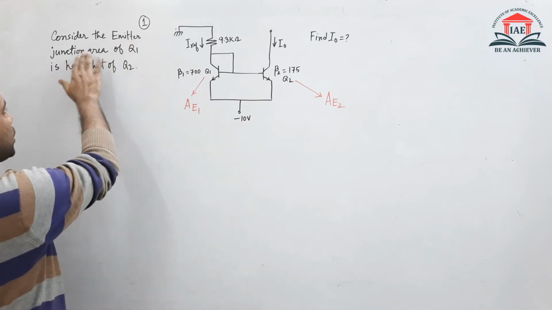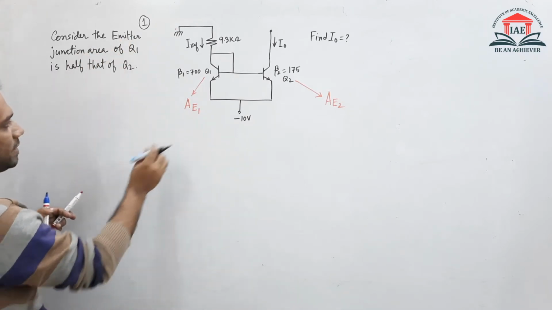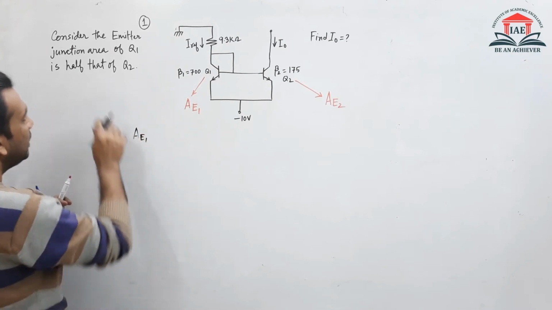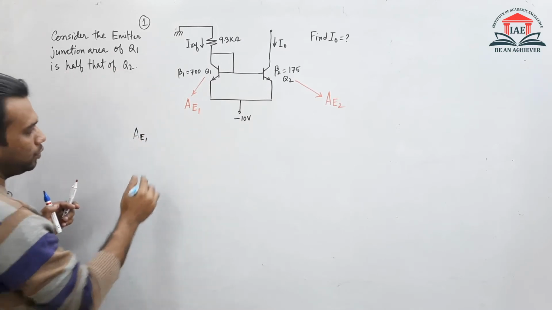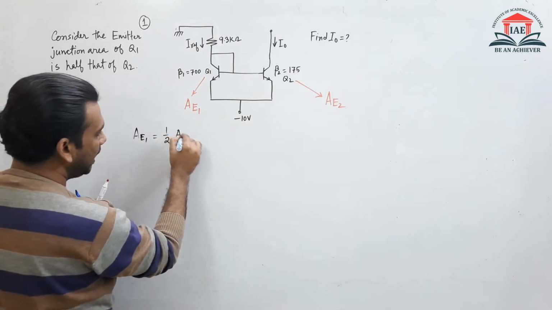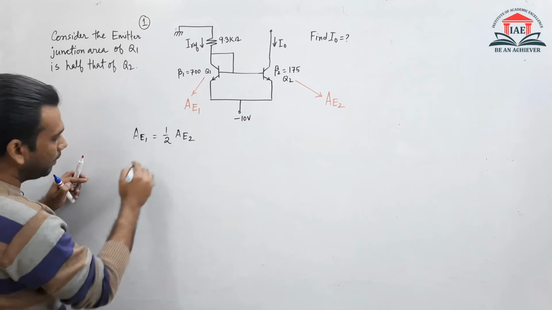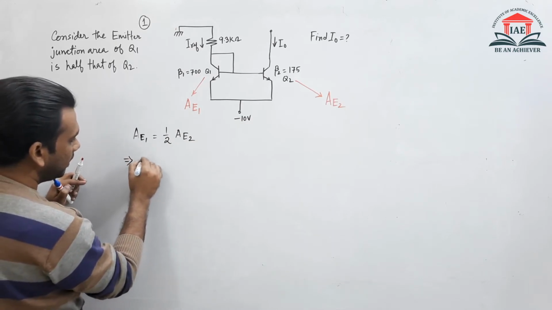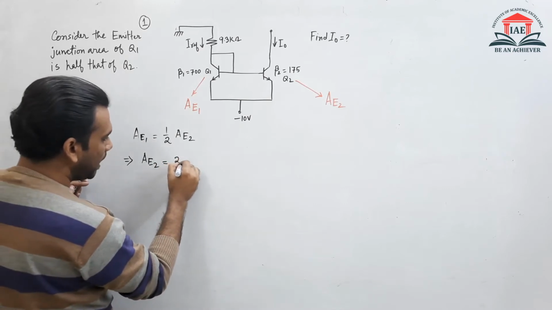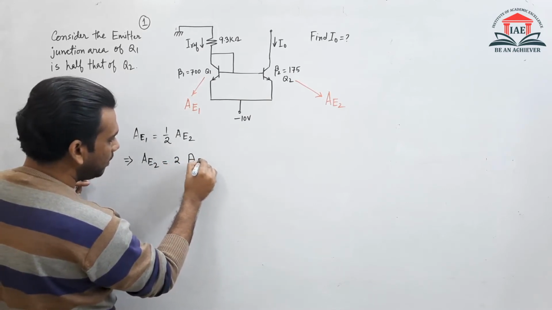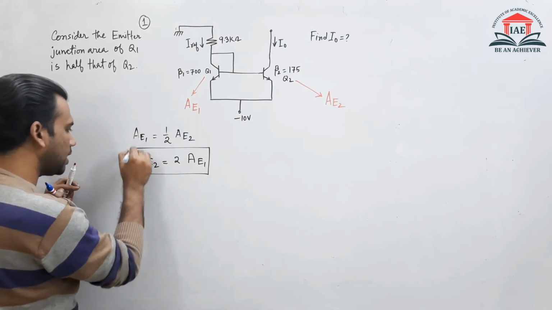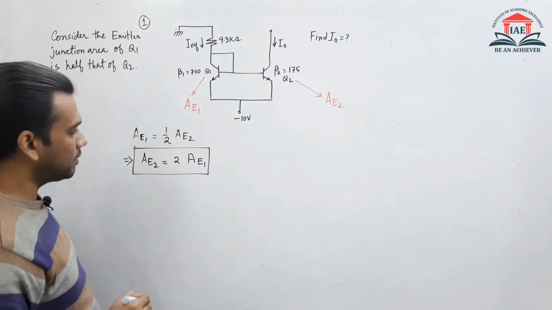The emitter junction area of Q1, that is AE1, is half that of Q2. That means AE1 is equal to half of AE2. Now from this equation I can write that AE2 is equal to twice of AE1. So this is the relation between the emitter junction areas of the two transistors.